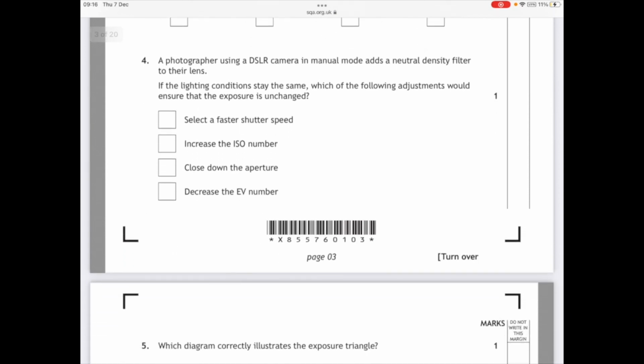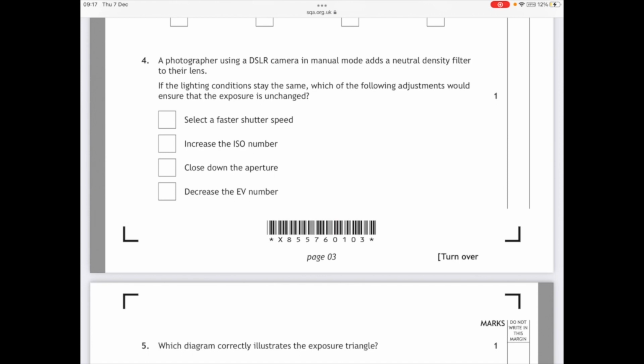A photographer uses a DSLR camera in manual mode, adds a neutral density filter to their lens. Is that written well, or is it just the way I'm reading it? I'm reading this really badly. If the lighting conditions stay the same, which of the following adjustments would ensure that the exposure is unchanged?